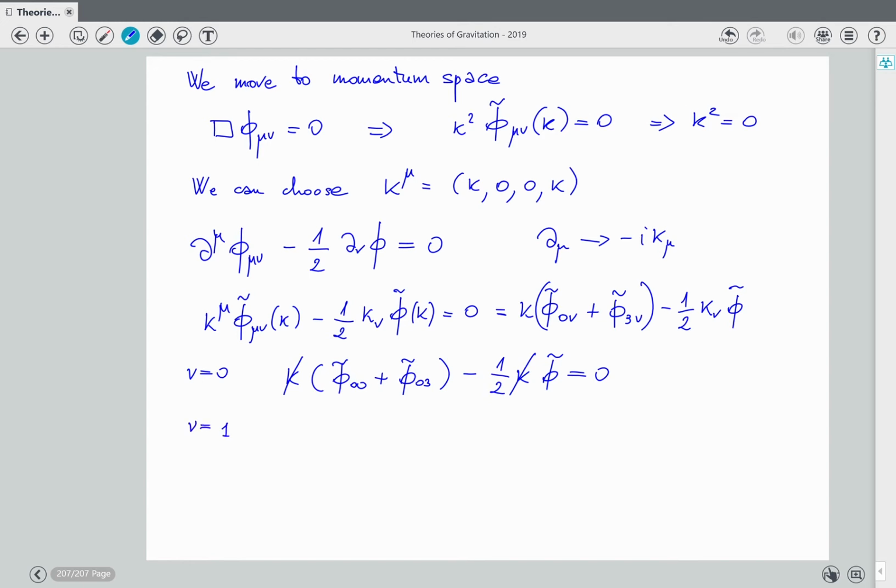Nu equal 1. You have phi tilde 0 1 plus phi tilde 3 1. Here you have nothing because k doesn't have a 1 component. So for nu equal 1, you just have phi tilde 0 1 plus phi tilde 3 1 equals 0. You have the same for nu equal 2 because it's the same structure.